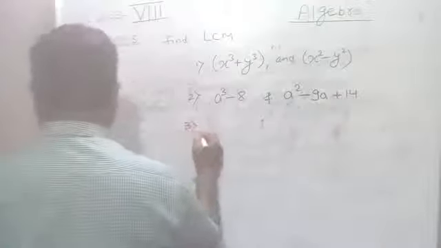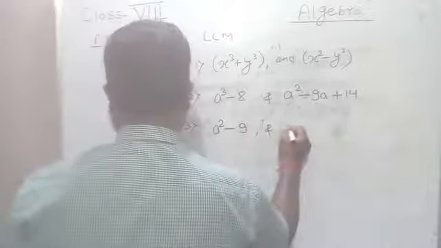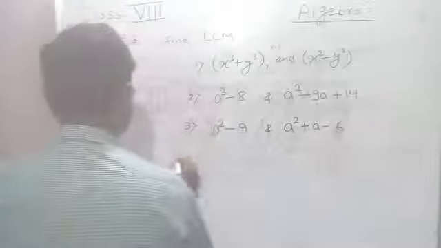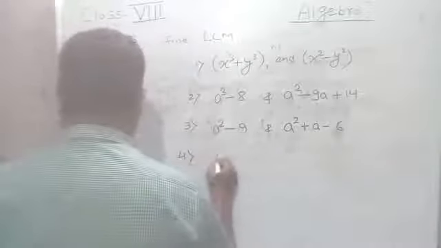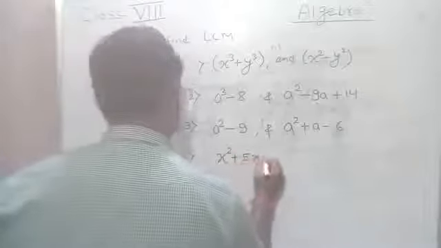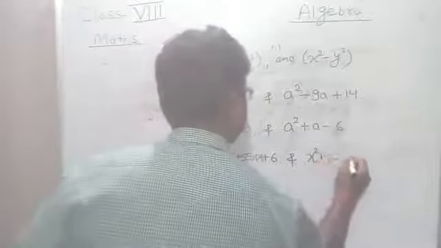Question number 3 is a square minus 9 and a square plus a minus 6. And the last question is x square plus 5x plus 6 and x square plus x minus 6.